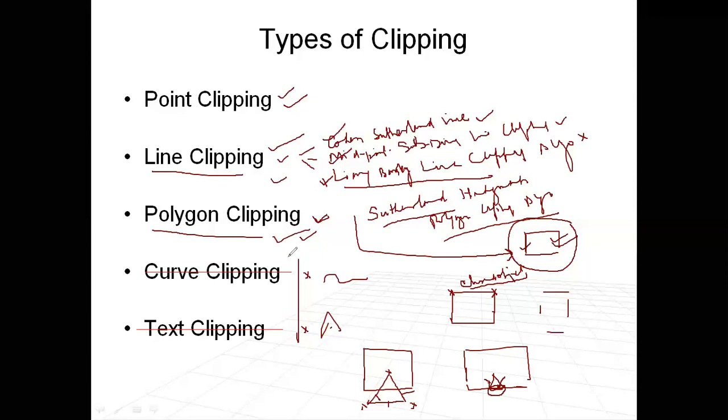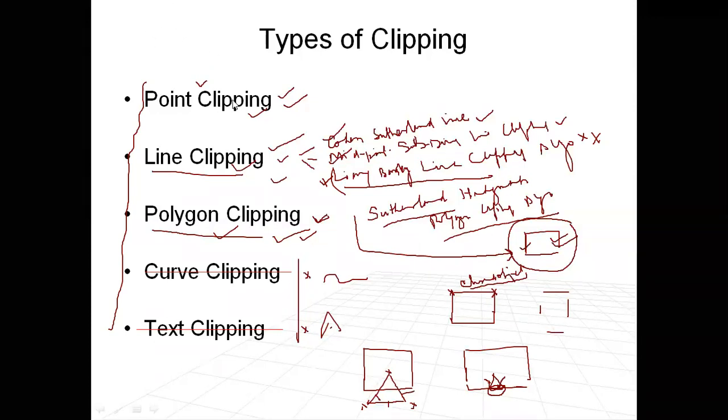That is why we have a separate polygon clipping algorithm, because the line clipping algorithm does not give you the closed object after clipping. Okay, so these are the few types of clipping criteria. So we will go through point clipping, line clipping, and polygon clipping, whereas in line clipping we will not follow the Liang Barsky clipping algorithm. Okay, so let's have a discussion on the point clipping algorithm.